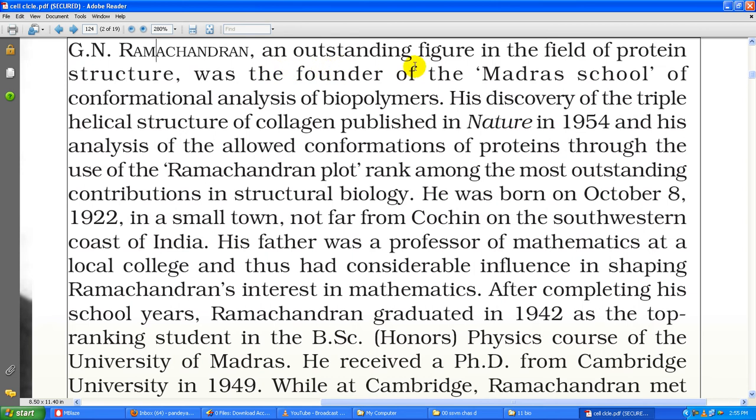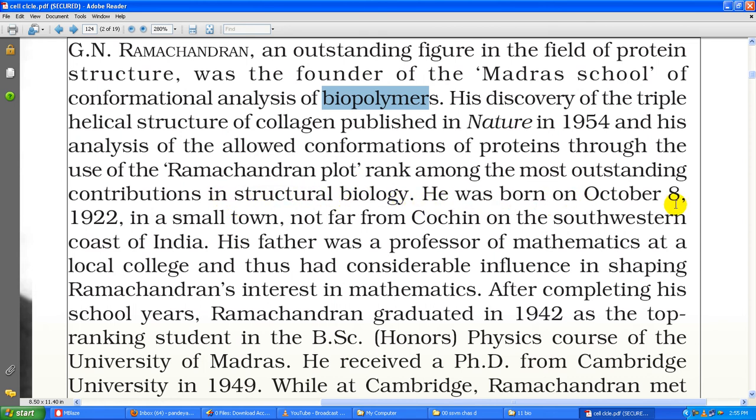Ramachandran, an outstanding figure in the field of protein structure, was the founder of the Madras School of Conformational Analysis of Biopolymers. His discovery of the triple helical structure of collagen, published in Nature in 1954, and his analysis of the allowed conformations of proteins through the use of the Ramachandran plot rank among the most outstanding contributions in structural biology.